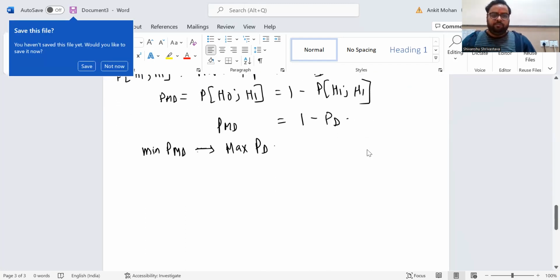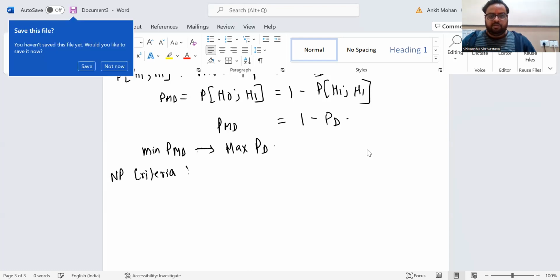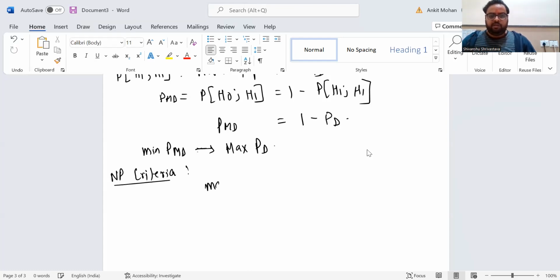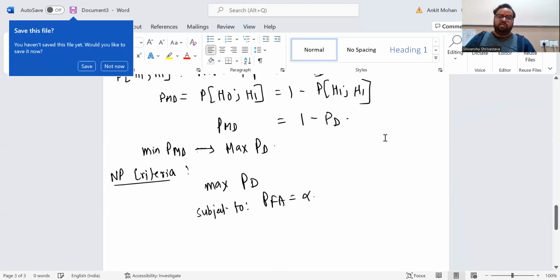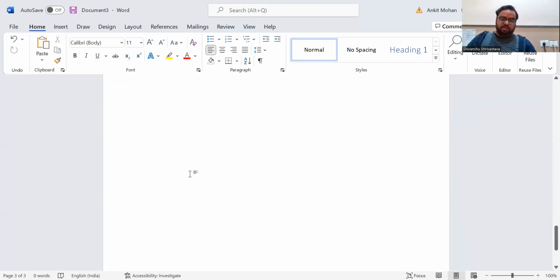And the Neyman-Pearson criteria is modified to maximization of the probability of detection subject to a fixed value of probability of false alarm.